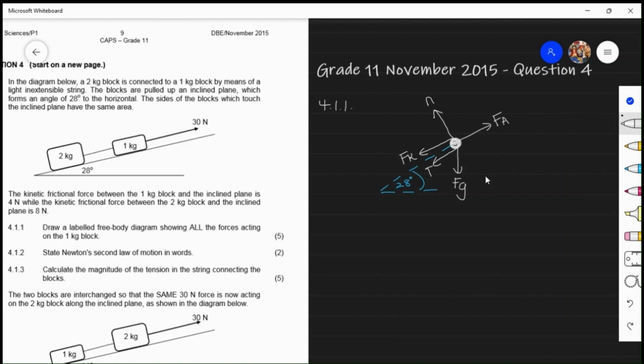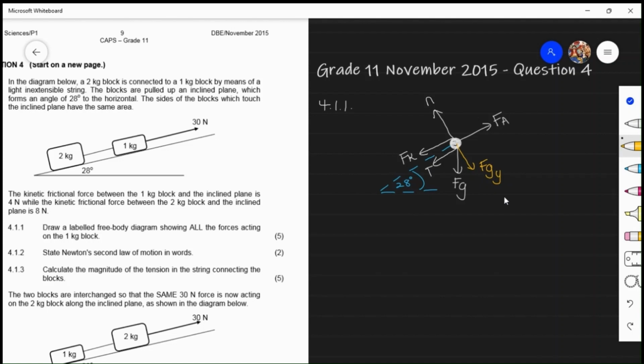So it is preferable to include it so that you don't forget it. You can just look at your diagram and see there is the parallel and perpendicular component of Fg. So we know our perpendicular component of Fg is going to act along the same line as our normal force.